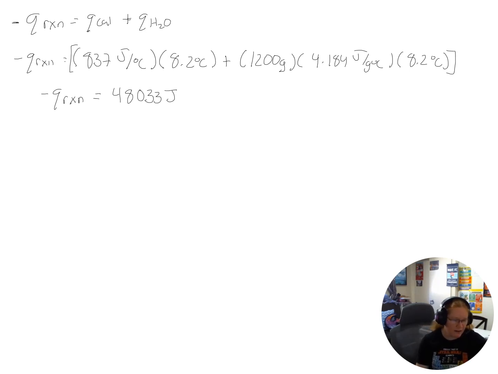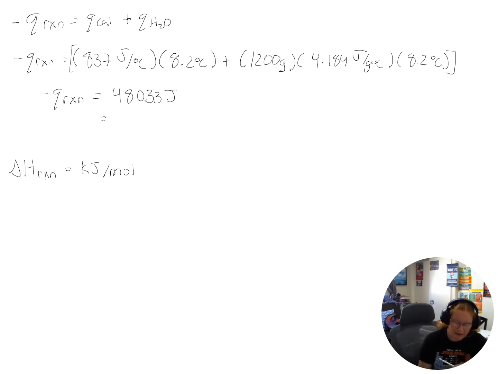Now, we want to calculate the molar heat of reaction. Okay, and so we balance that to that 1 mole, right? So, delta H of reaction, that's what we're doing with our molar heat of reaction, is usually in kilojoules per mole. Okay?